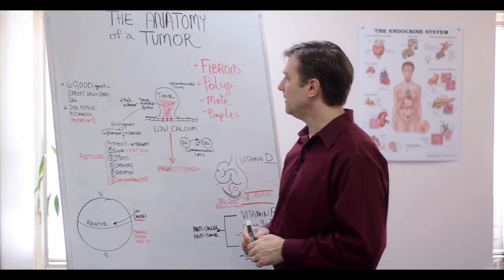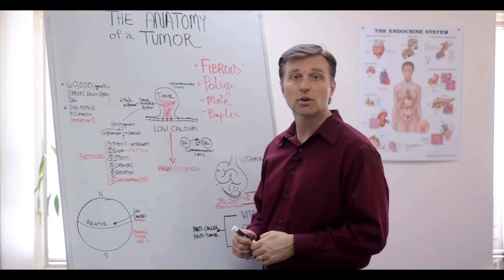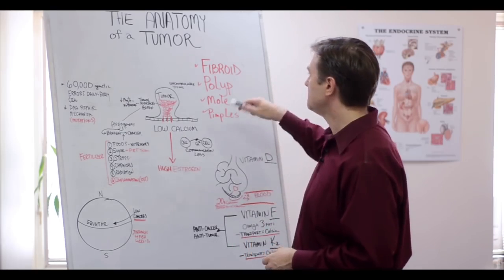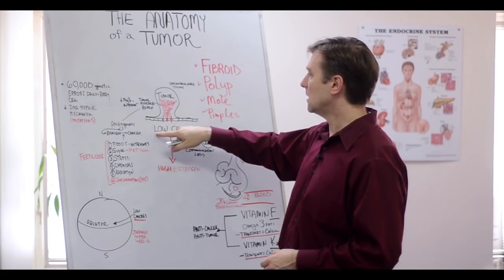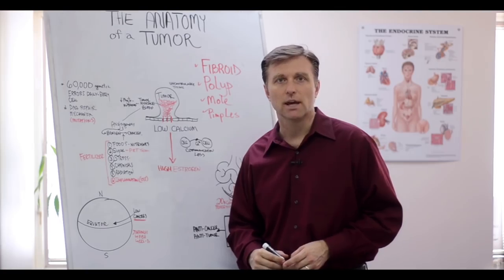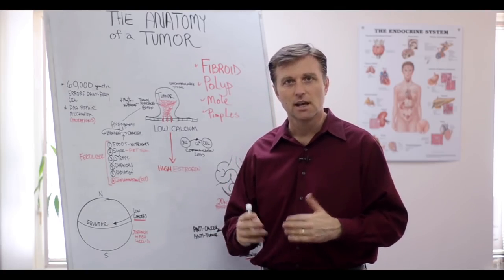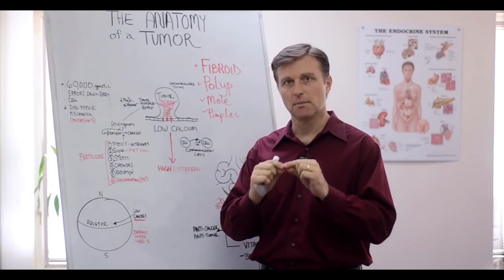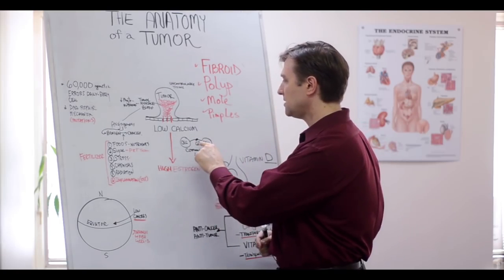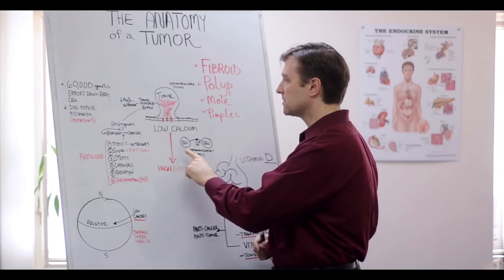There is one interesting thing that occurs before you get a tumor or a fibroid or a polyp, and that is low calcium. Now, calcium is the main mineral that controls all of the communication in between the cells, because you have these things called calcium channels, and calcium carries nutrition and information between the cells.